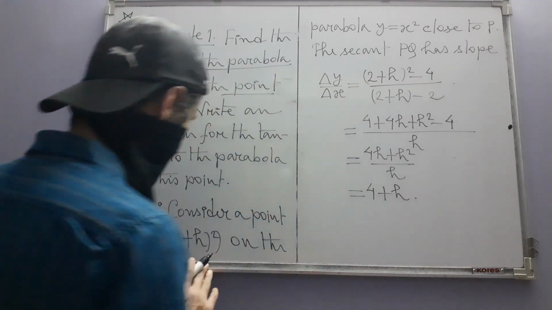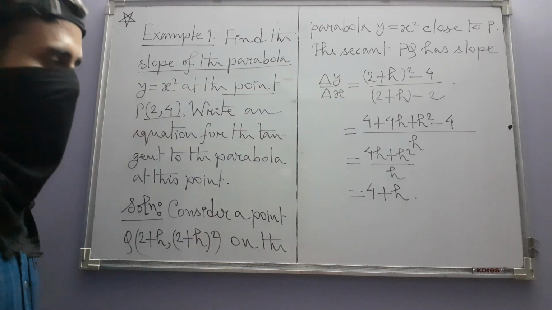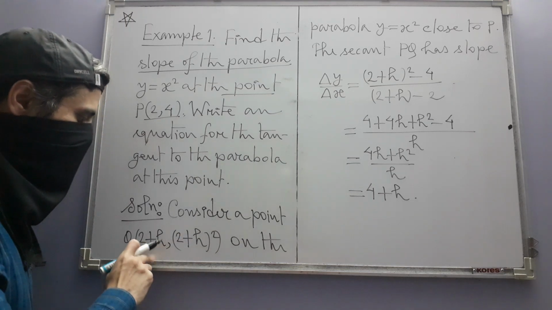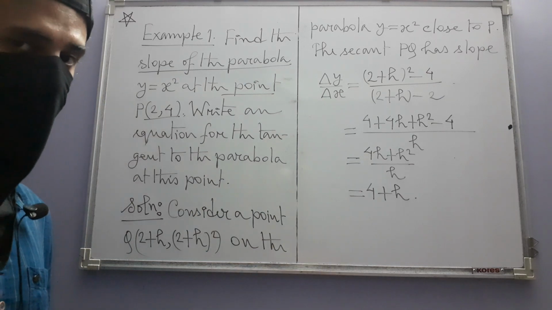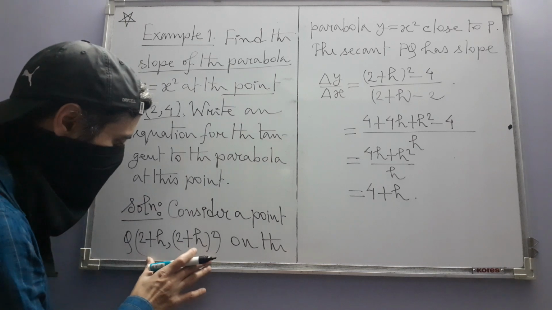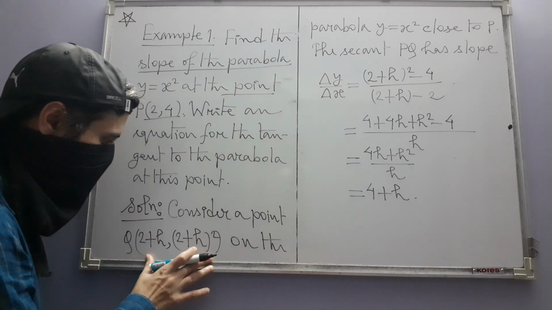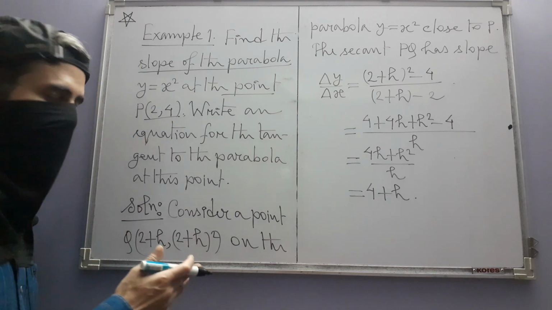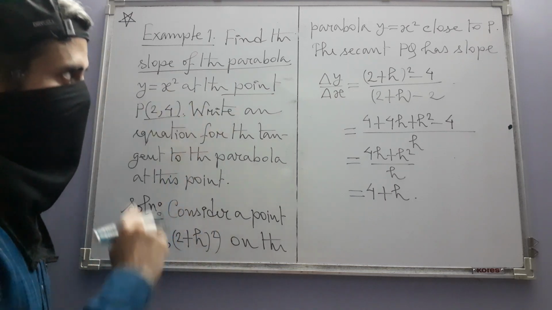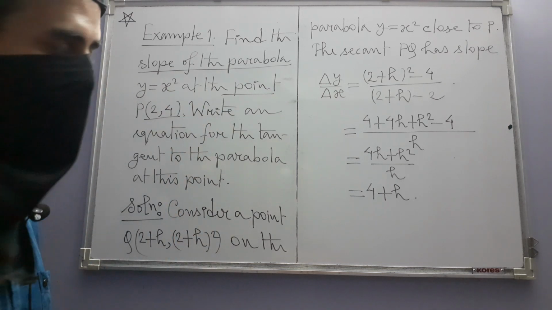Now, what will you do to take the limit? Of course, you will make h tend to 0 because when h tends to 0, Q tends to P. But because the point Q is this, no matter what h is, it always lies on our y equals x squared parabola.